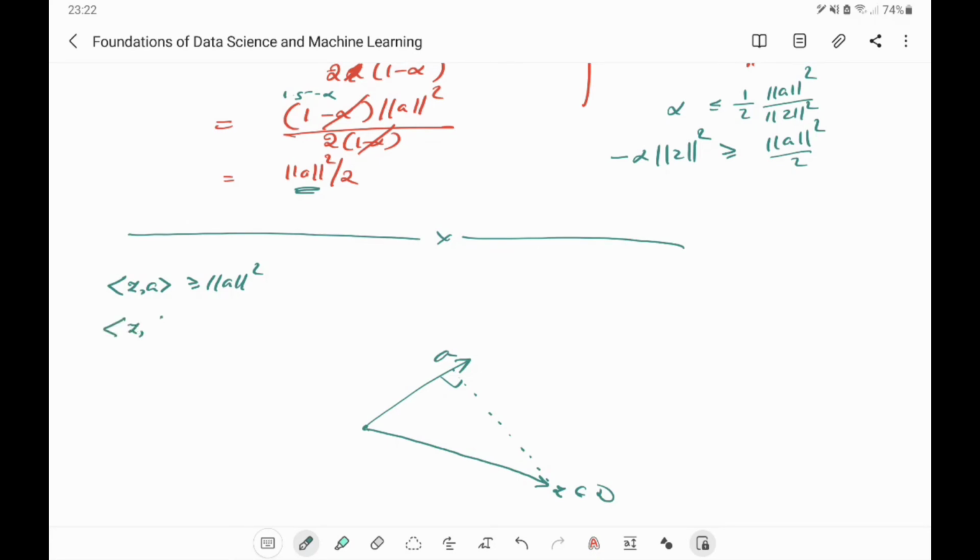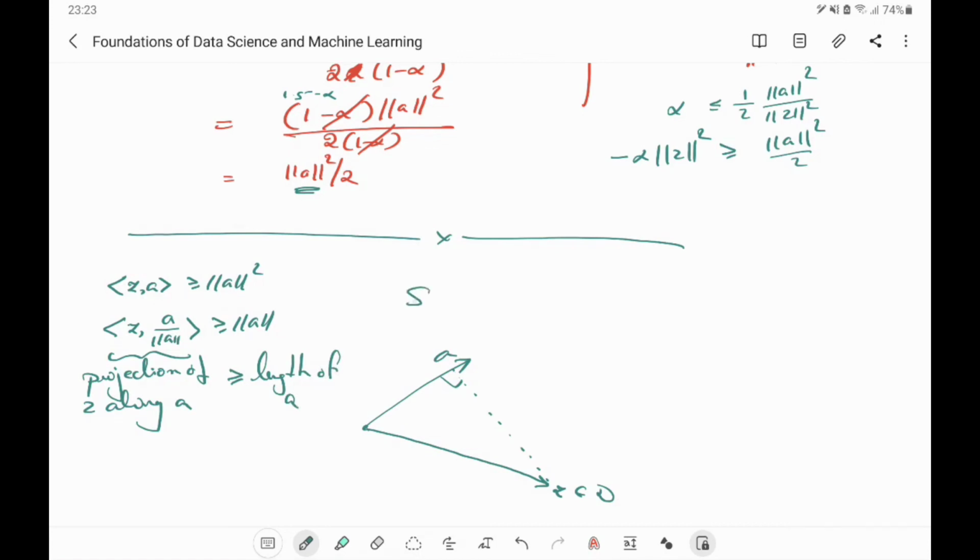Another way to write this is z dot A by norm A greater than or equal to norm A, right? Now what is this? This is the projection of z along A, right? To get a projection of a vector along another vector, you take the inner product with the unit vector along that direction. A by norm A is the unit vector along the direction of A. So this is the projection of z along A, and we are just saying that it is larger than the length of A. Okay, that's all that we are trying to prove.